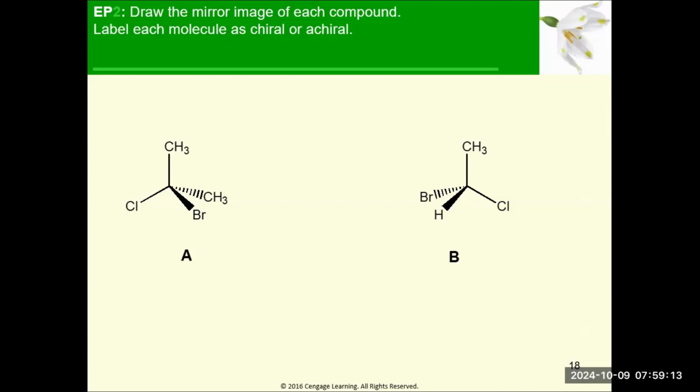All right, let's draw mirror images of this compound. So if you're drawing a mirror image, you would start with what is in the plane. It's going up, and then this chlorine's going back, so it'd be going back here.